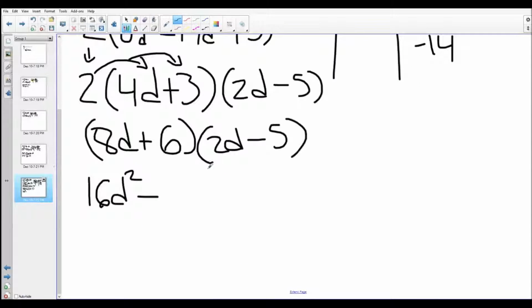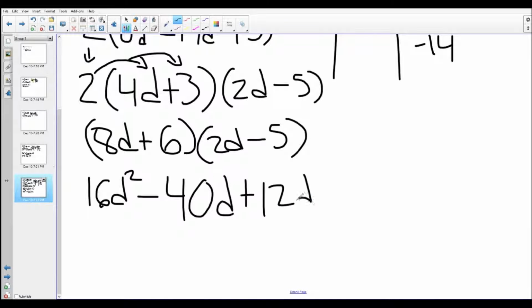Now 8d times negative 5 will give us negative 40d. And then 6, so we finished 8d times 2d and then 8d times negative 5. So now 6 times 2d would give us positive 12d, and then 6 times negative 5 will give us negative 30.